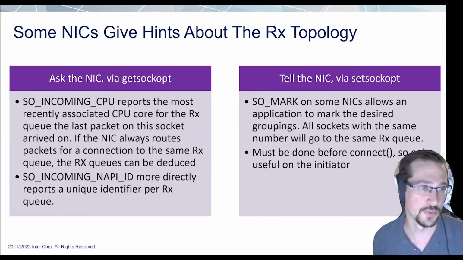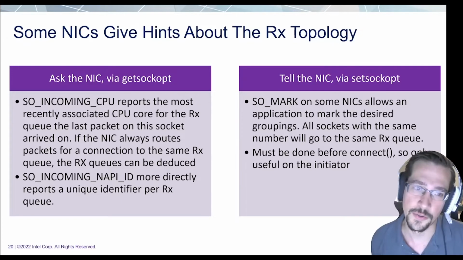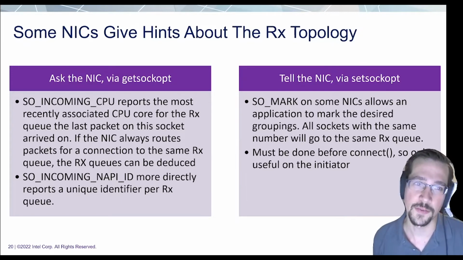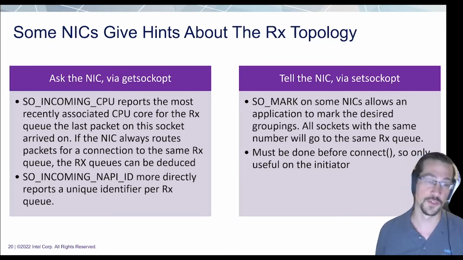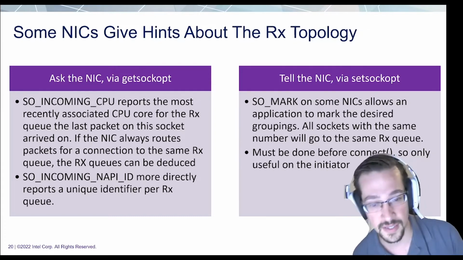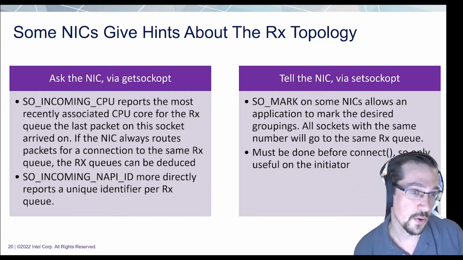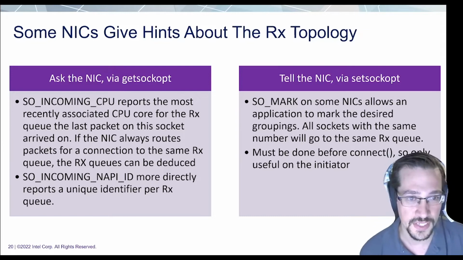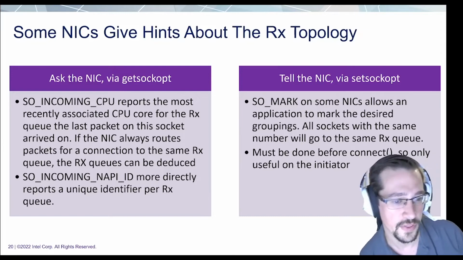There's a couple of ways to do this. Some NICs, and these are all very new NICs, give hints about their internal RX topology via the socket APIs. So the getsockopt system call can be used with two different flags.